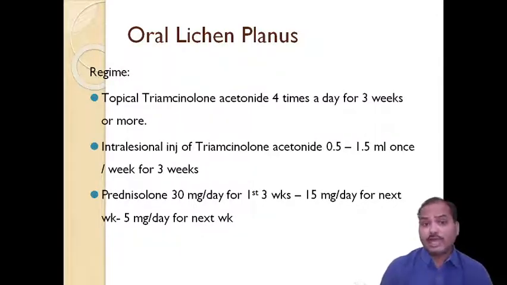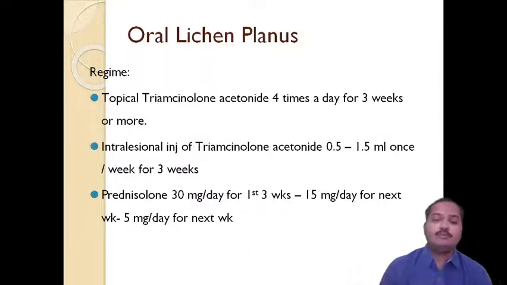If we are giving the medicines systemically, or the patient has to take it and the symptoms are not getting managed by topical treatment, we can go for prednisolone, which is to be given 30 mg per day for the first 3 weeks and 15 mg for the next 1 week, then 5 mg for the next week.